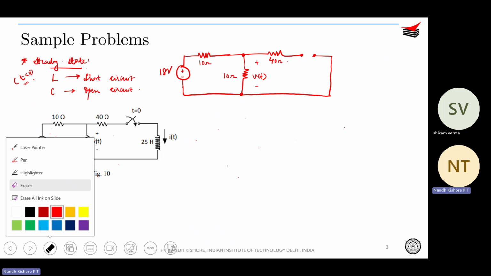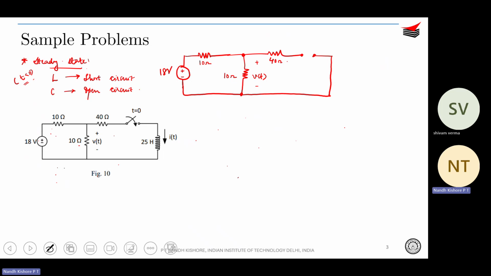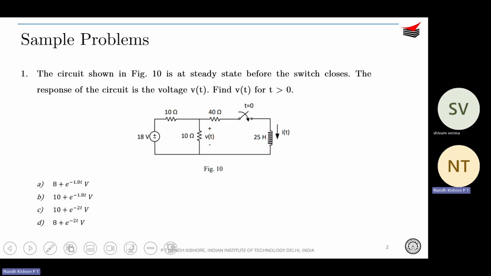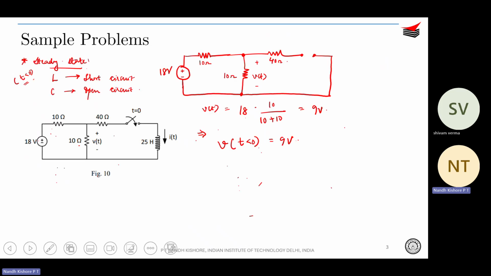V of t would be 18 into 10 ohm divided by 10 plus 10, which would give you 9 volts. So V for t less than 0 is equal to 9 volts. Before the switch was closed, we had a constant voltage of 9 volts across the 10 ohm resistor, so the initial voltage is 9 volts.